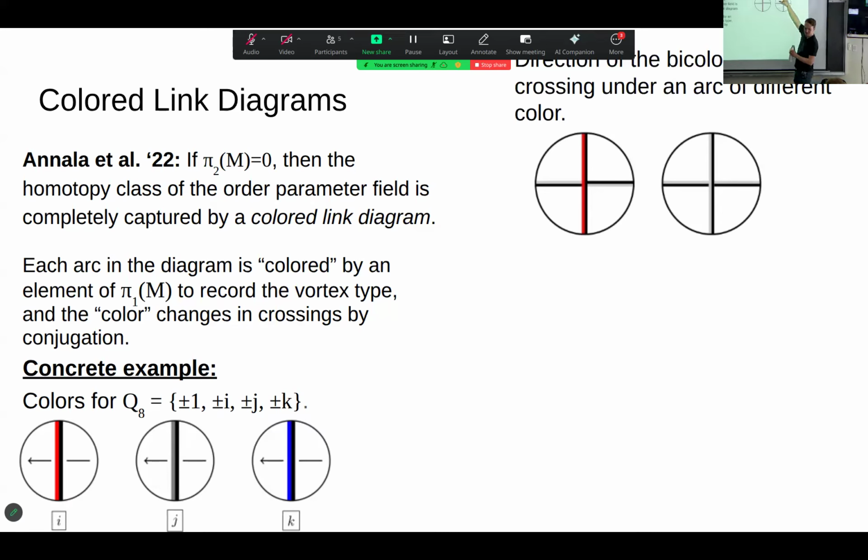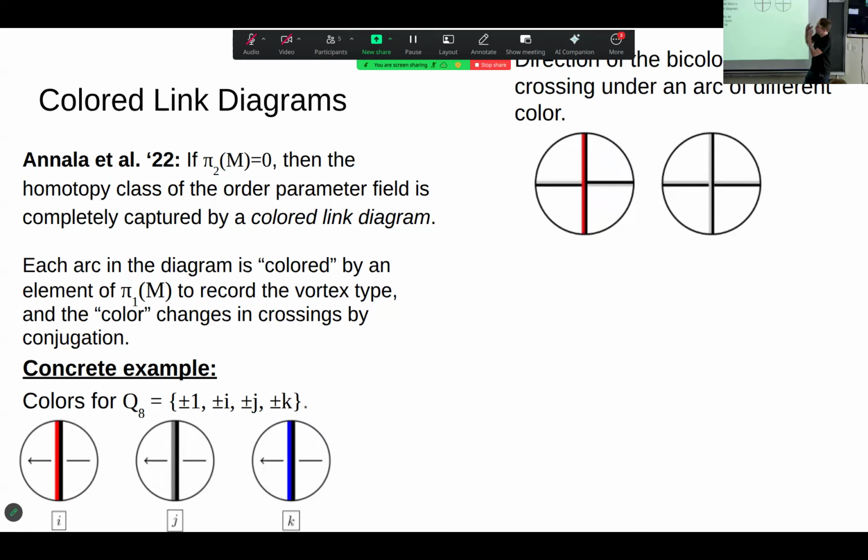Whenever you have a crossing, the direction of the bicoloring will flip if you go under a strand of different color. So you can see this gray one going under a red vortex, and this will flip. This is completely dictated by the fundamental group. These rules, you can just look at the group structure and you will get them. And if you go under a strand of the same color, nothing happens.